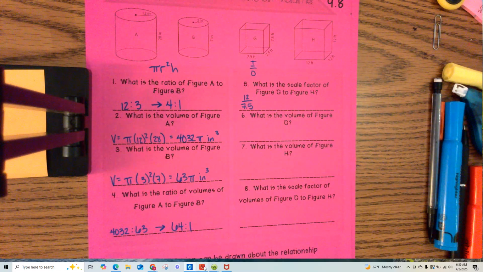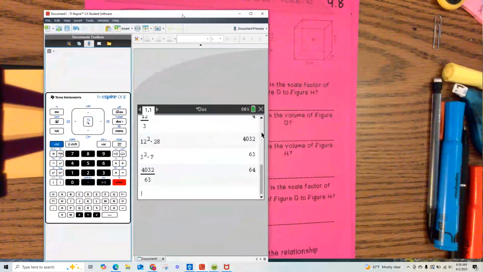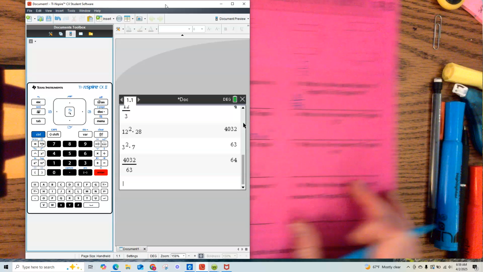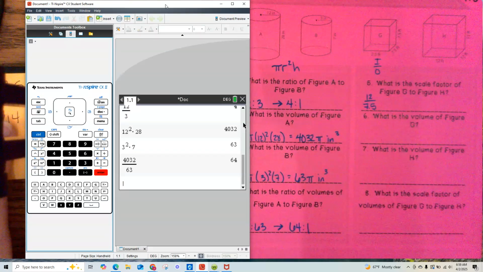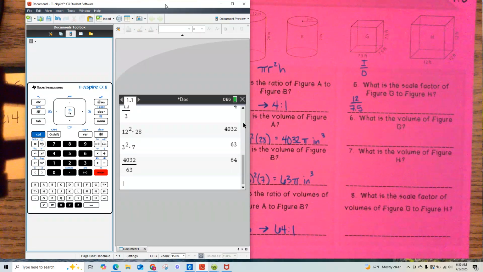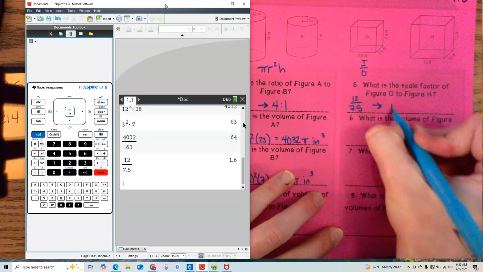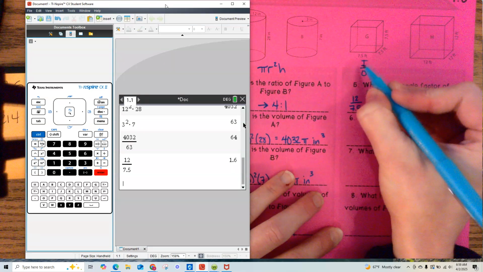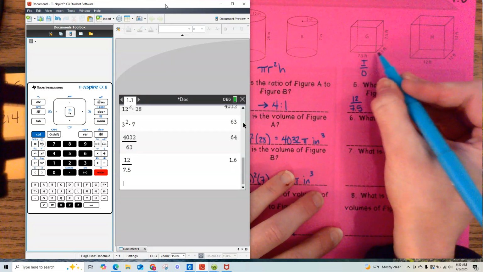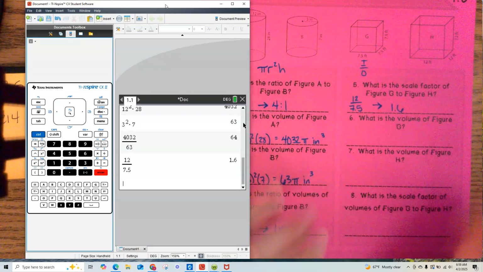And again, we're going to write it like a fraction. Okay, kind of rearrange here again. There we go. All right, so 12 over 7.5 simplifies to a scale factor of 1.6. That means I can multiply a side by 1.6 and get my new side.